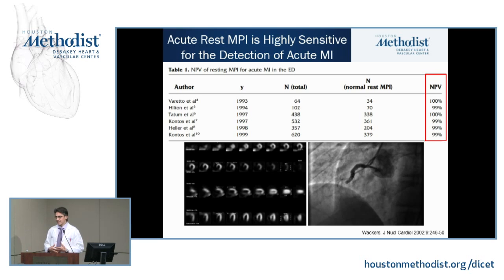Obviously, there are caveats to this: if they already have a known history of myocardial infarction, they'll already have a perfusion defect and it's not going to be diagnostic in that setting. But in the correct patients, this has been studied in multiple studies and has a very high negative predictive value in detecting myocardial infarction.